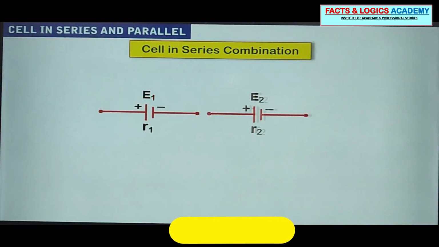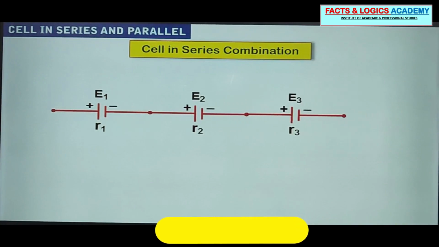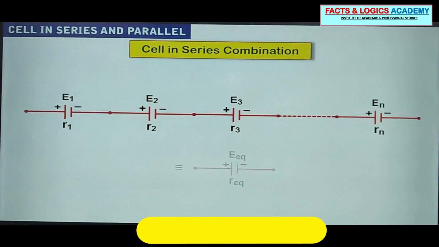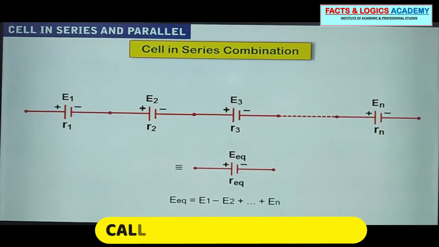We can now extend these rules to any number of cells in a series combination. Rule number 1. The equivalent EMF for a series combination of n number of cells is the algebraic sum of their individual EMFs.